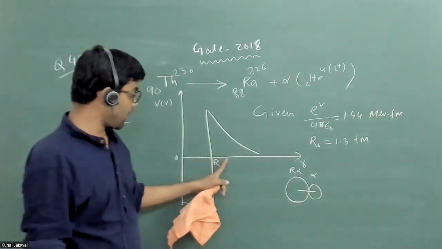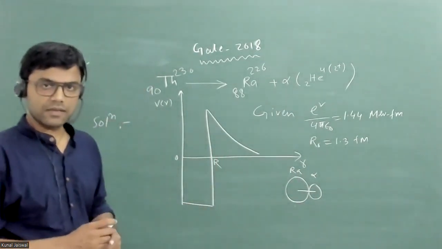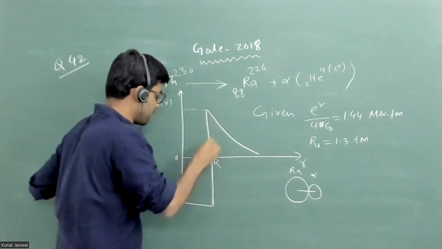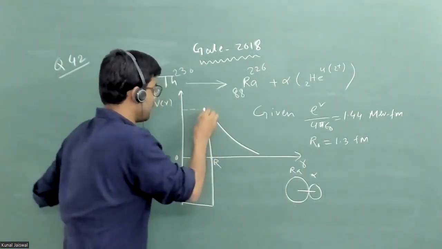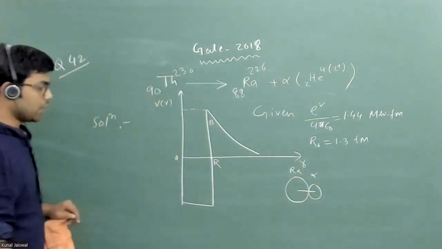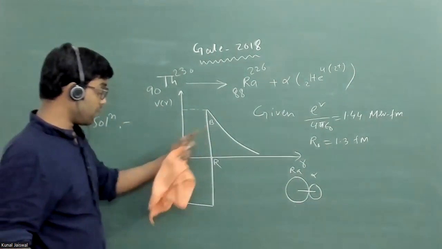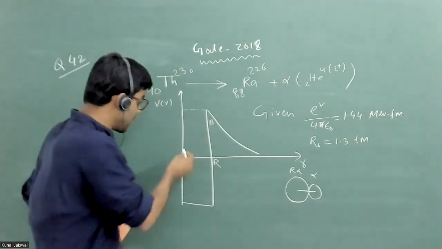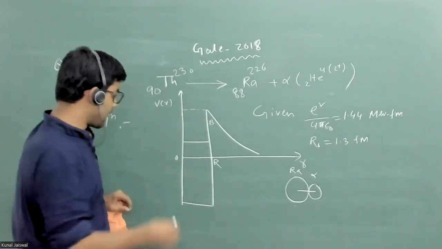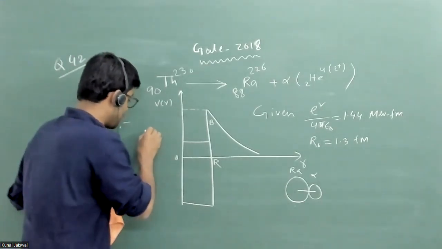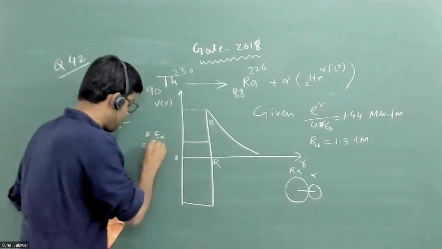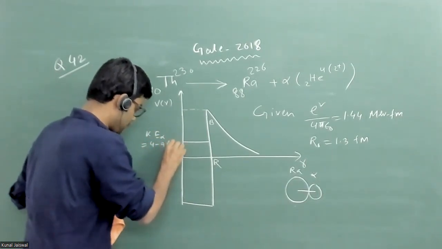So beyond this R, only Coulombic potential exists, and you have to calculate this barrier height. Let us take that the barrier height is B. As you know, the barrier height is quite large compared to the kinetic energy of the emitted alpha particle, K alpha, which is only around 4 to 9 mega electron volt.